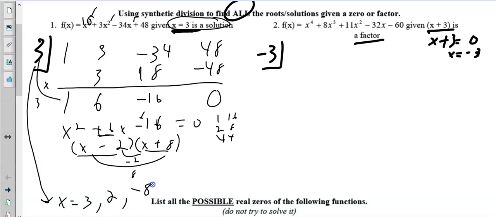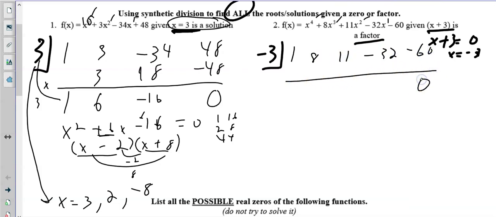All right, number 2. Notice I have a 4, a 3, a 2, a 1, and a none, so I'm good to go. So that's 1, 8, 11, negative 32, and negative 60. Those are all my numbers. Again, I should end up with 0 here. Drop the 1, multiply. Add straight down, 8 minus 3 is 5.